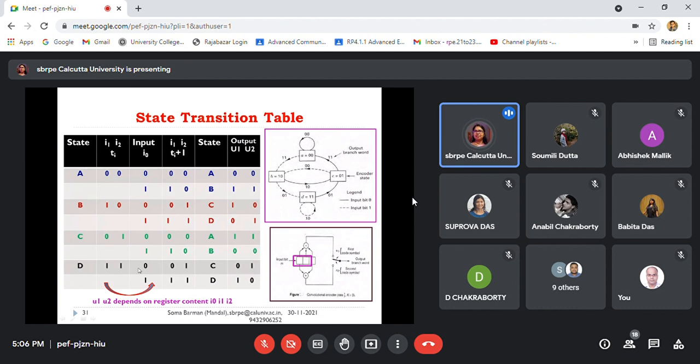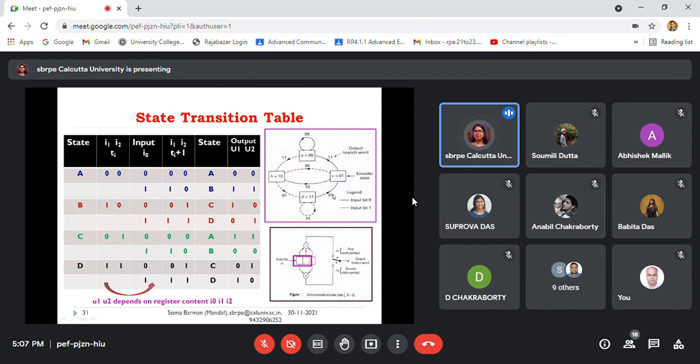So it will be shifted, 1 1 to 0 1. That is C. Clear? So D for the 0 input goes to state C, the 0 1 state.